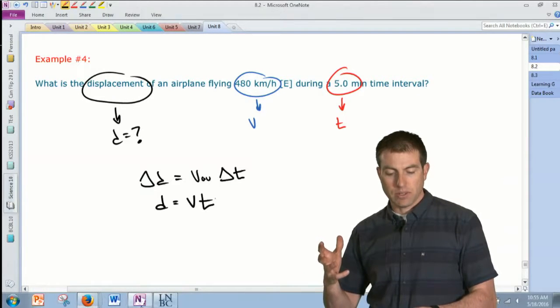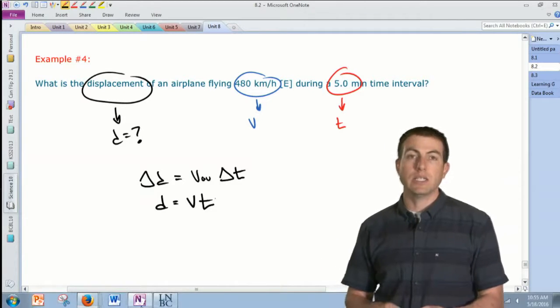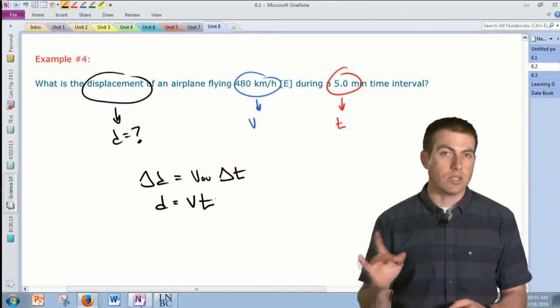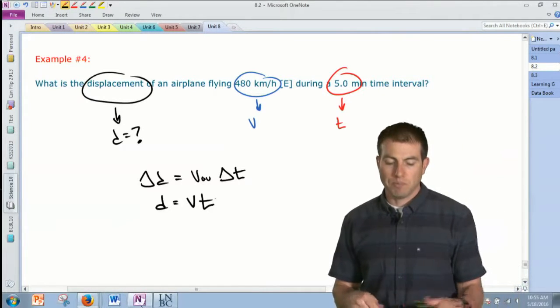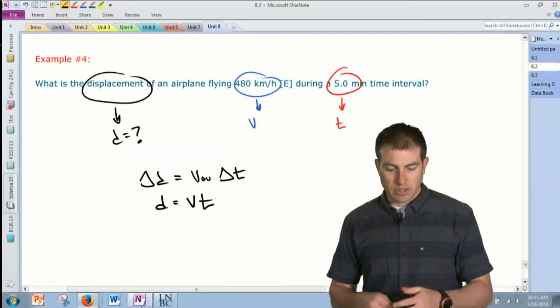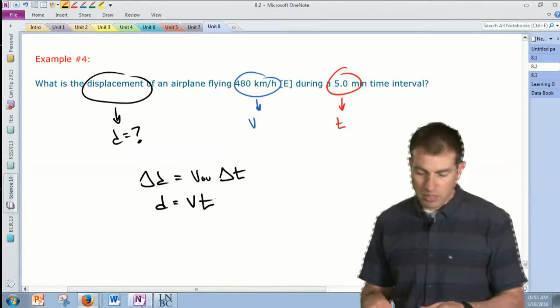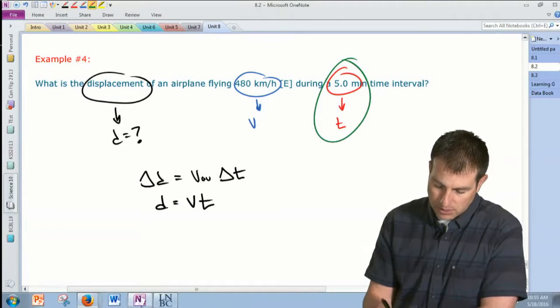And we have a time in minutes. Those don't match up. I need a time in hours or I need a velocity in kilometers per minute. So which one should we change? It doesn't matter. You could change whichever one you want, but I will likely change my minutes into hours.